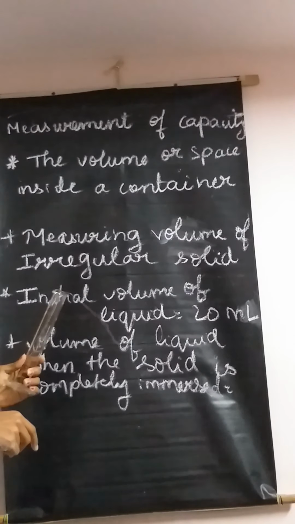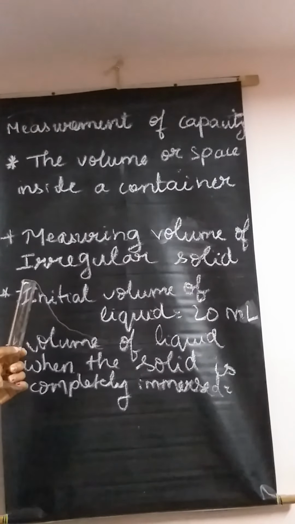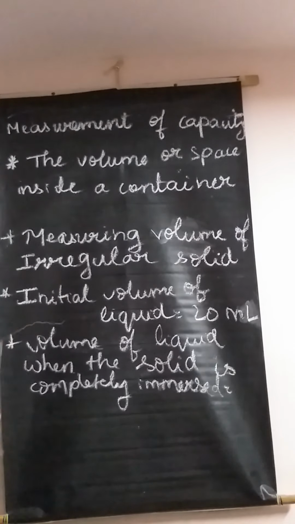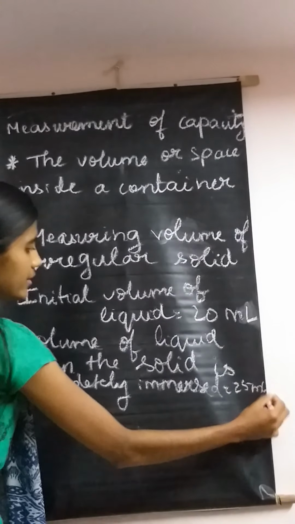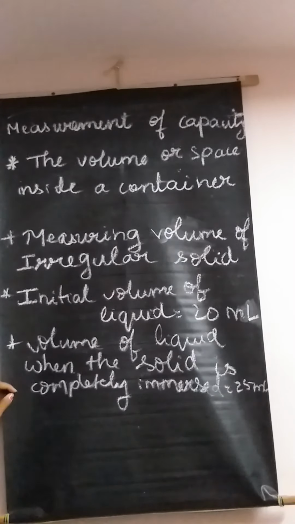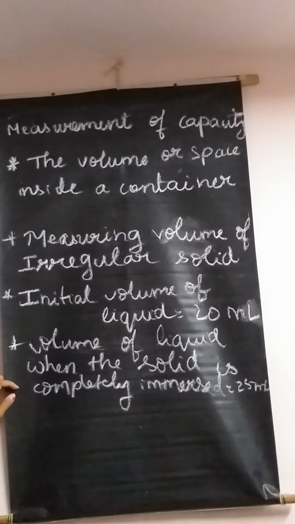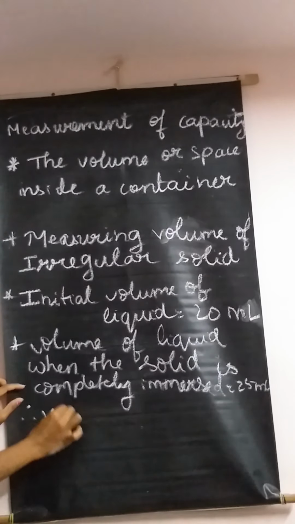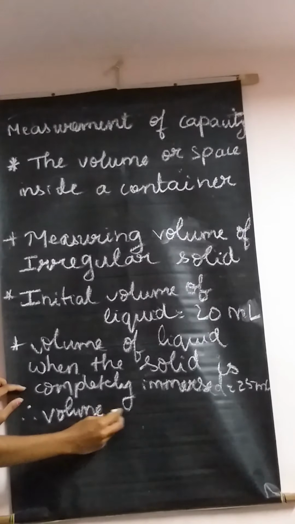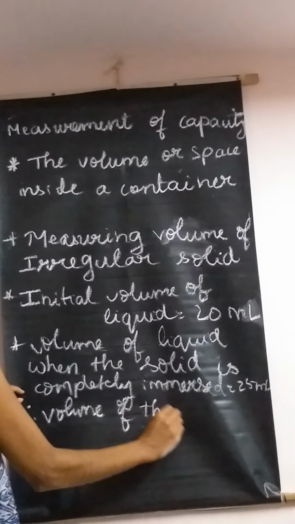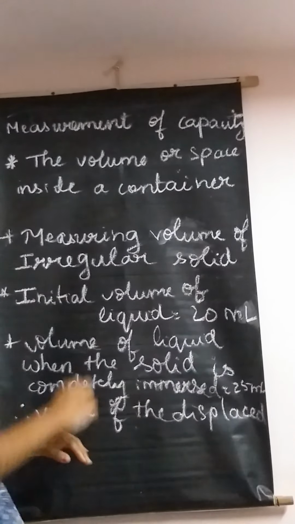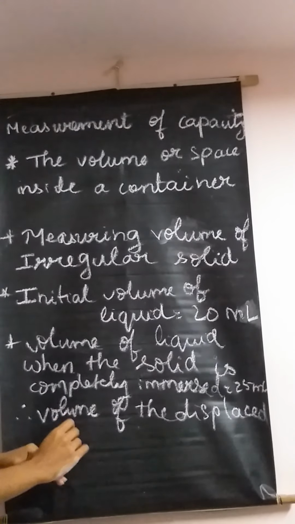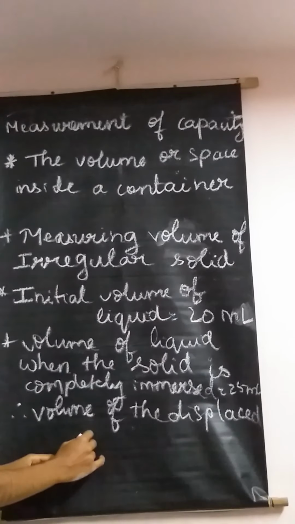So it is 25 milliliter. Next, the volume of the displaced liquid means how much amount of liquid is displaced above.